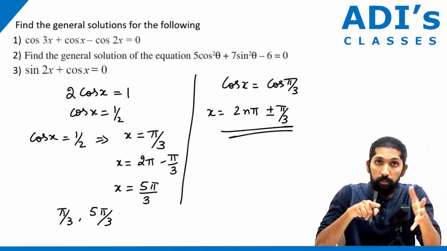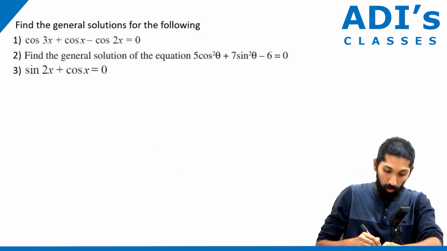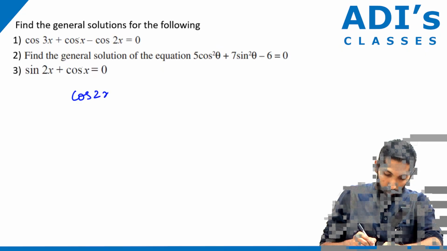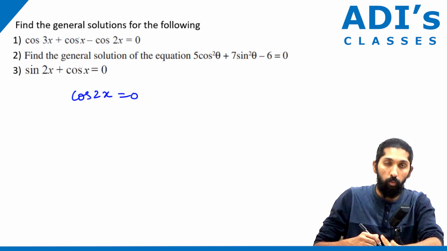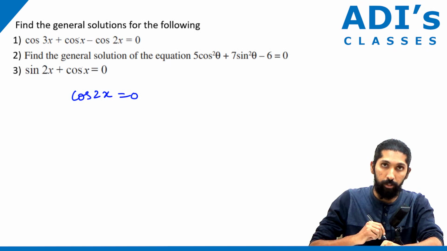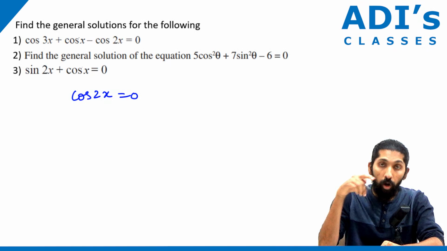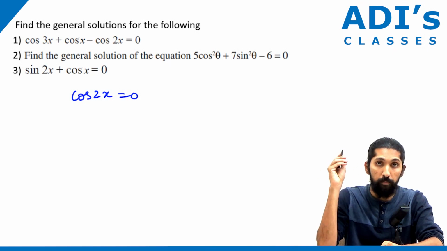Now, we have one more, right? Which is cos 2x is equal to 0. We'll do the same thing now. For cos 2x is equal to 0, if you want 0 as the cos function, we have to take it in terms of pi by 2, correct? Or (2n plus 1) into pi by 2 types.